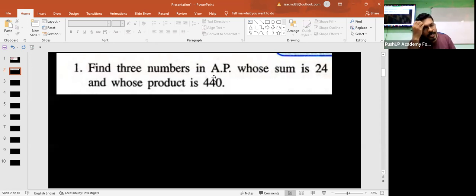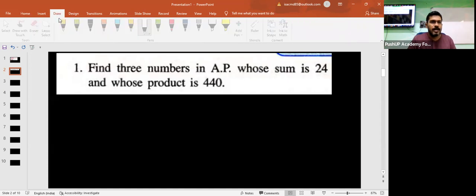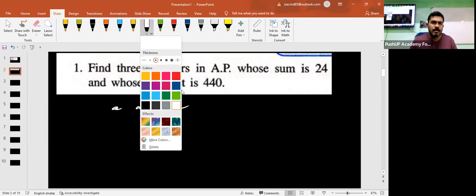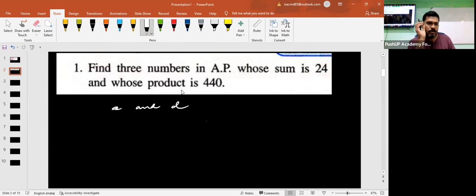Both the important data are missing. Unless you know what A and D are, can you find the three terms of an arithmetic progression? You cannot find them.